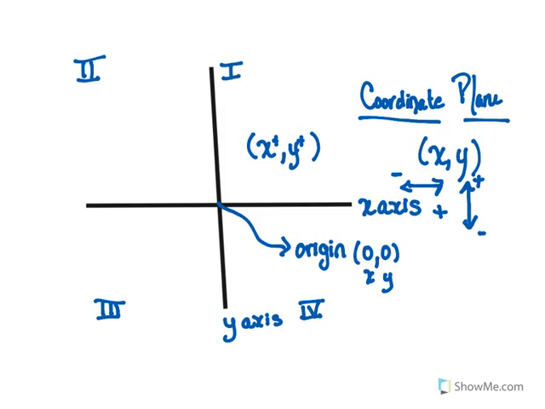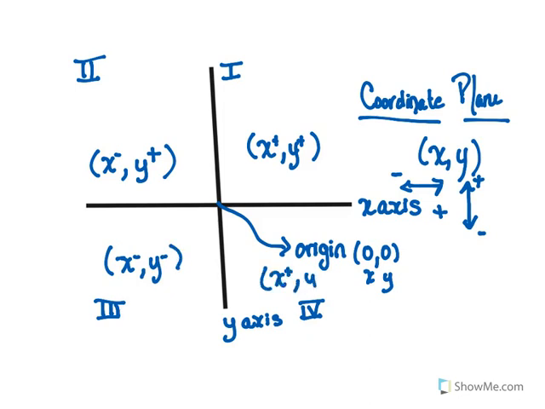In quadrant 2, x is negative and y is positive. In quadrant 3, both x and y are negative, and in quadrant 4, x is positive, but y is negative.